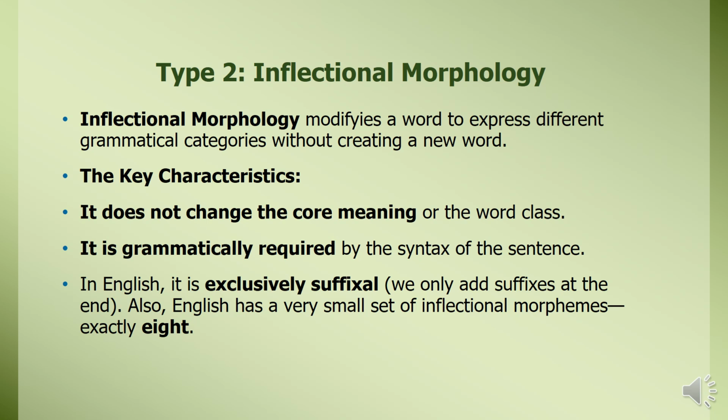The fact that we need a word with this form is determined by the syntax. So the syntax adds an s to the verb if the subject is singular, and deletes that s in a sentence expressing present if the subject is plural. So the syntax decides whether you have the suffix s or not.